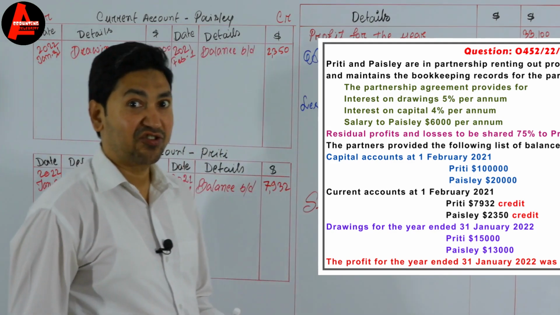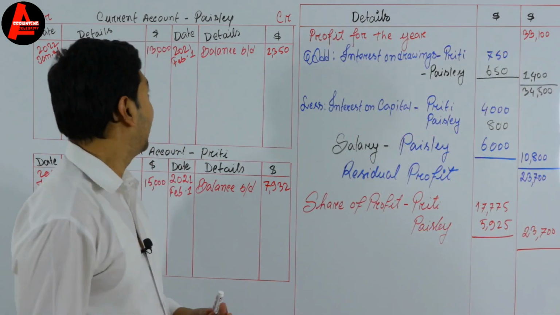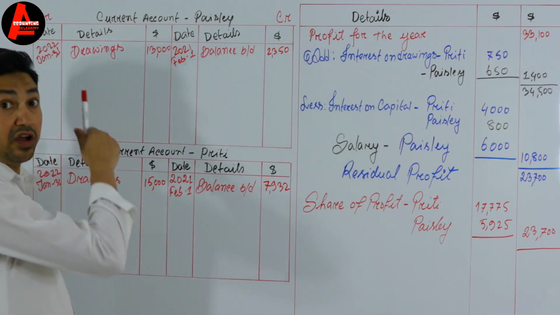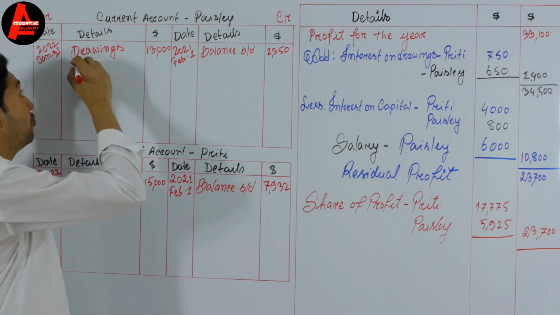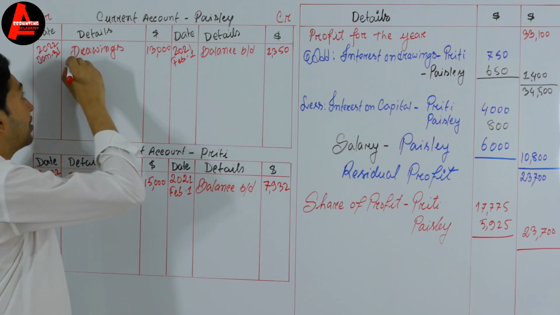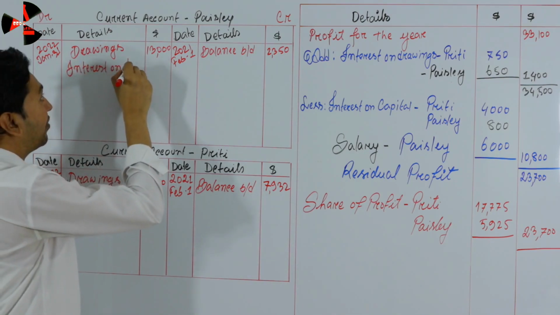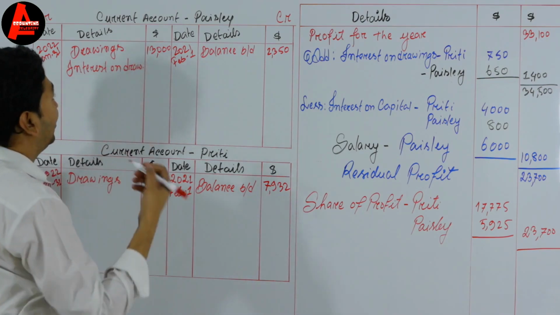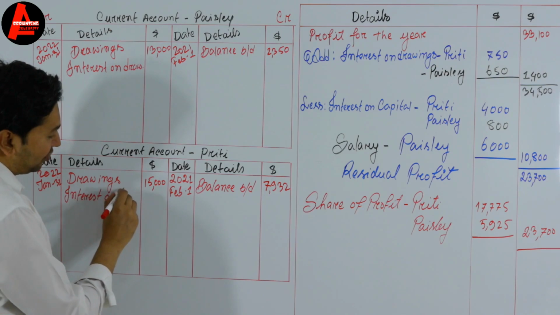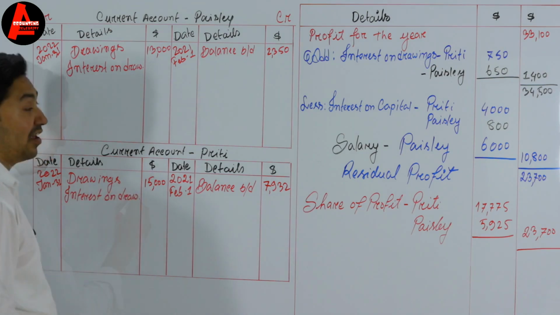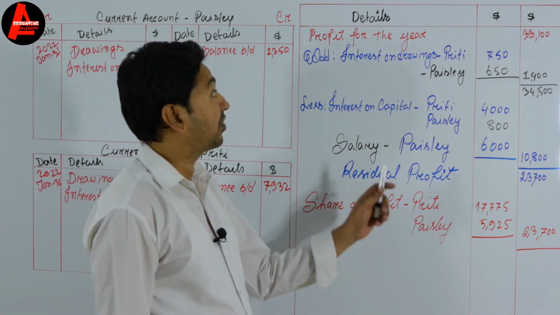One more item will come here. It is interest on drawings, right? So let us write on the same date, 2022 31st January, interest on drawings. Okay, here also the same date, interest on drawings. Now look here.